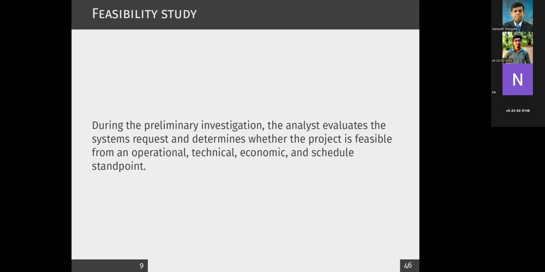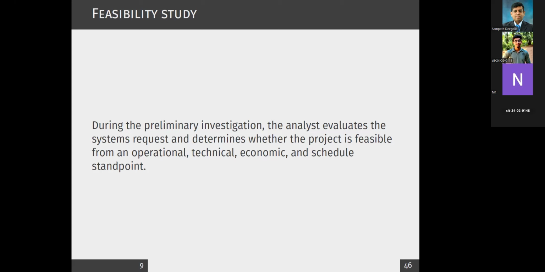Software is not cheap. You have to spend quite a lot of money on recruiting software developers, and a lot more for software architects, for example. So you have to look at the economic feasibility as well. It's not just that you purchase or develop the information system. You have to think about the maintenance as well, right? Software you purchase, it will not end there. So you have to think about the maintenance cost.